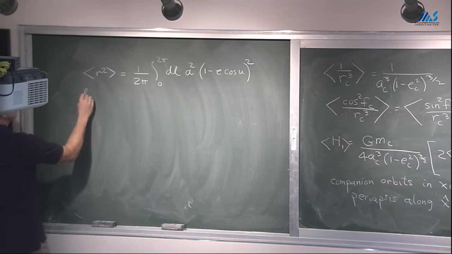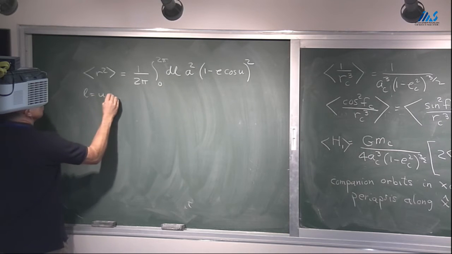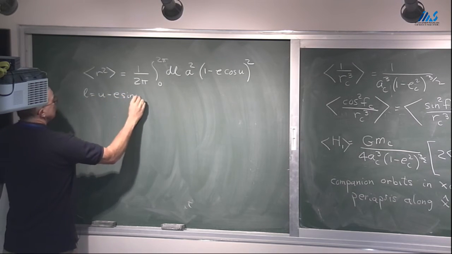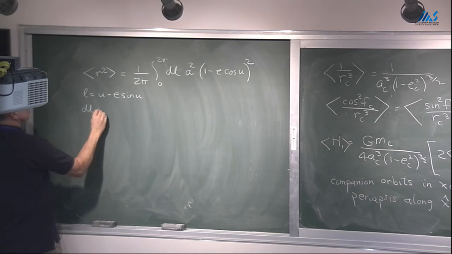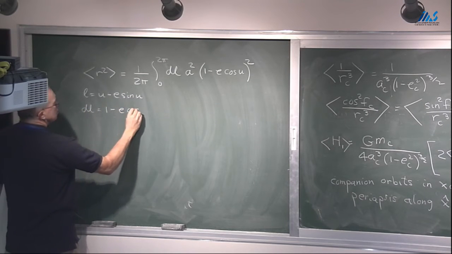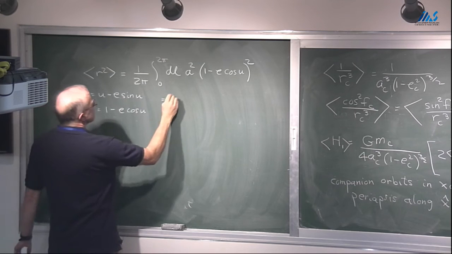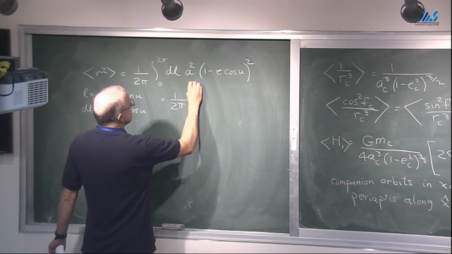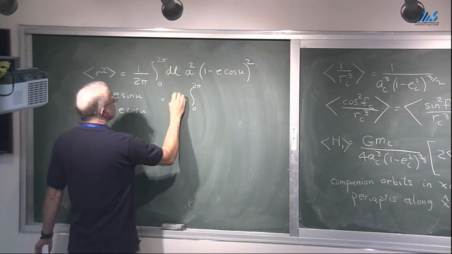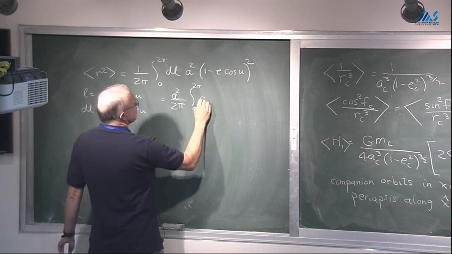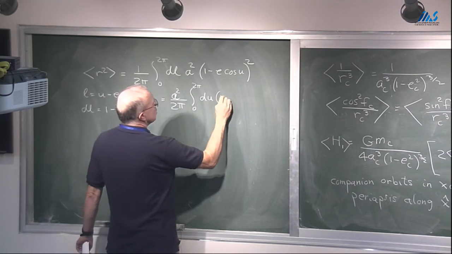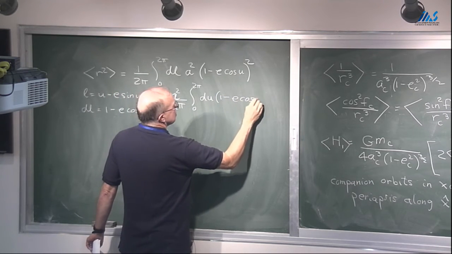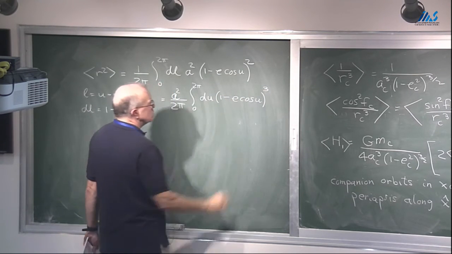But we know that Kepler's equation says L is equal to u minus e sine u, and so dL is (1 minus e cos u) du, and so this average is just 1 over 2 pi integral a squared du (1 minus e cos u) cubed.